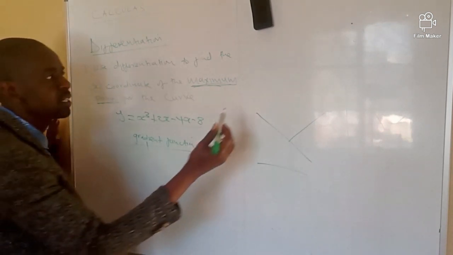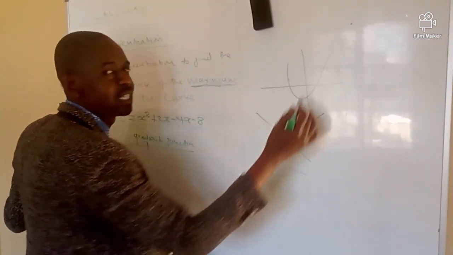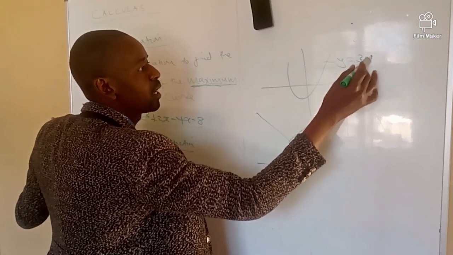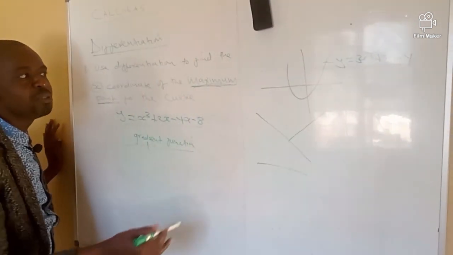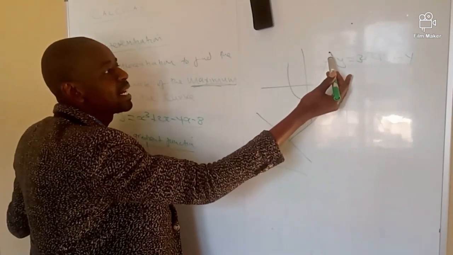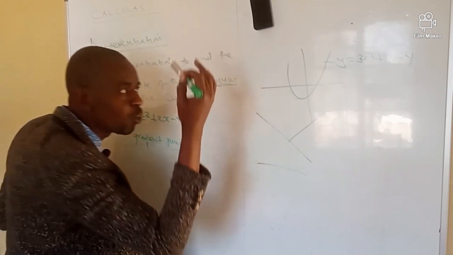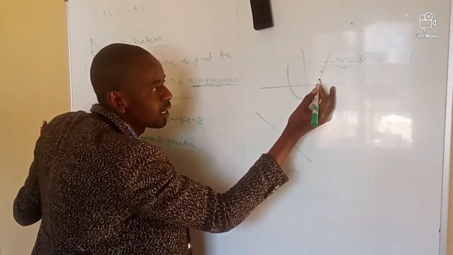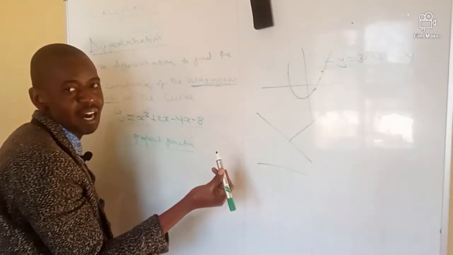Now, for example, if you have a Cartesian plane and let's say you have a quadratic curve, for example y is equal to 3x squared plus 2x minus 4, then you cannot get the gradient of the whole of that curve. But you can get the gradient of this curve at a certain point. So you need to get the gradient function of this curve.